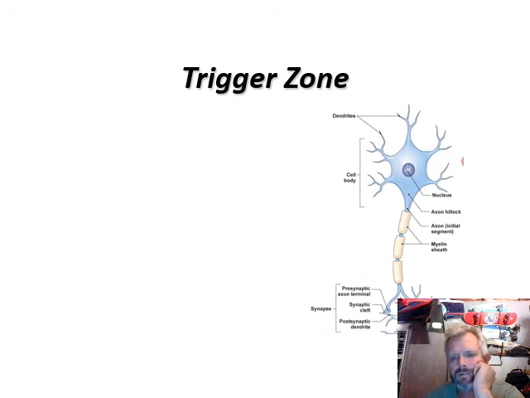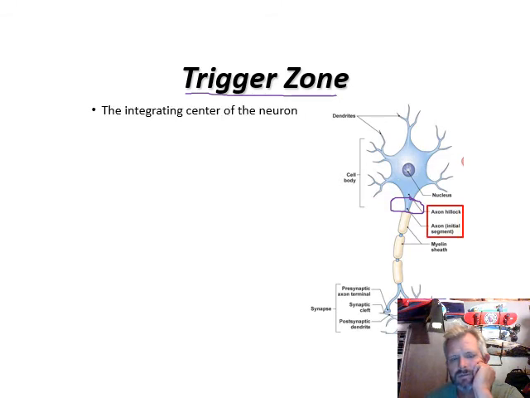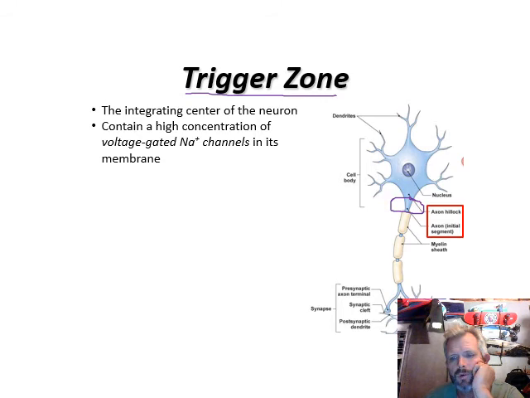So we've talked about how the graded potentials trigger an action potential at the trigger zone. So what magic is taking place at the trigger zone? Okay, what we see is, why do we need to reach this negative 55 millivolts? Right?